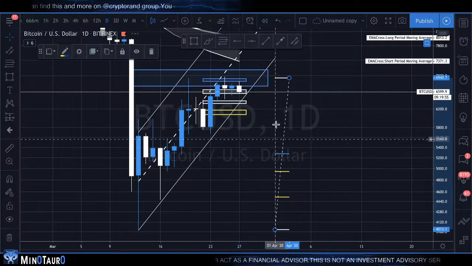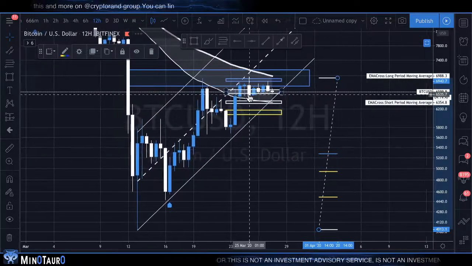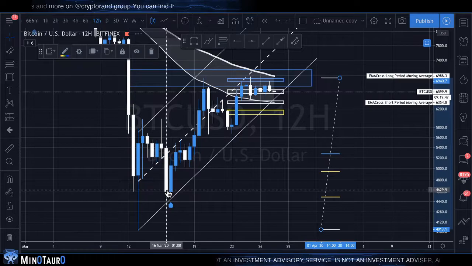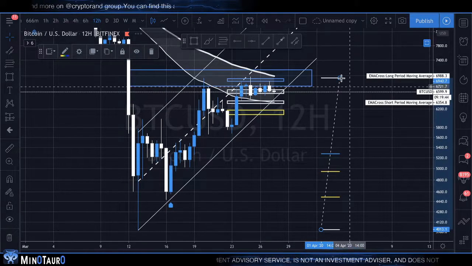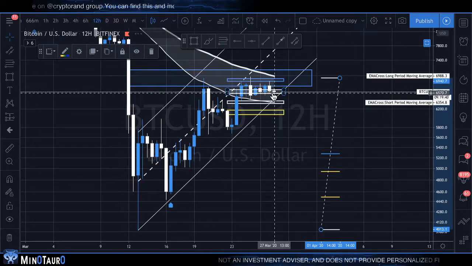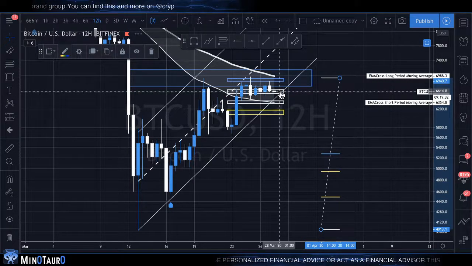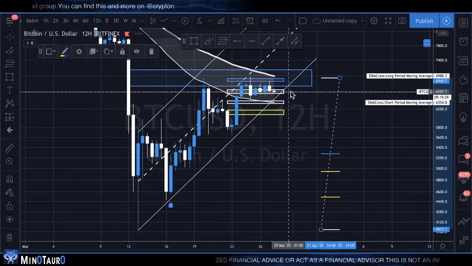Okay, now since the divergence that kicked us there was the 12-hour and is still in place, okay, this divergence is still working here. So probably also in the next, so tomorrow, not today but tomorrow, we can have a surprise here.